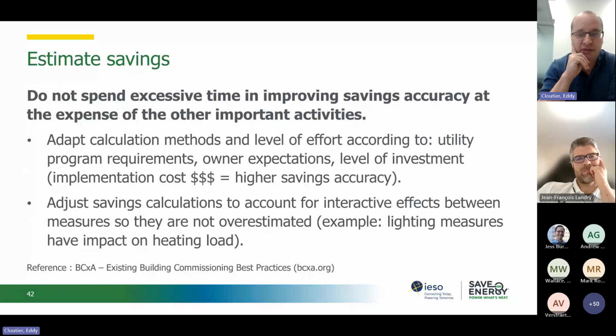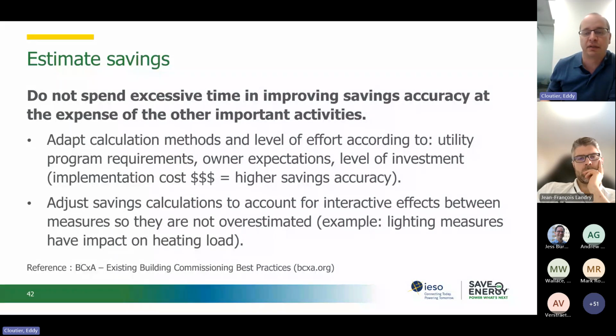As I said in the last slide, we want to achieve a reasonable level of precision that makes us comfortable, but it's not necessary to have a precision of two digits behind the decimal point, of course. In a recommissioning, the main activity remains to find improvement measures and make the appropriate corrective measures.